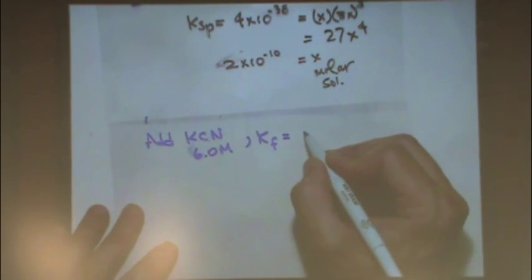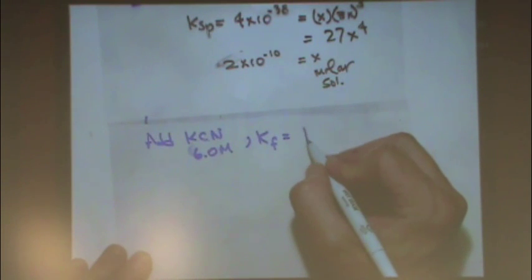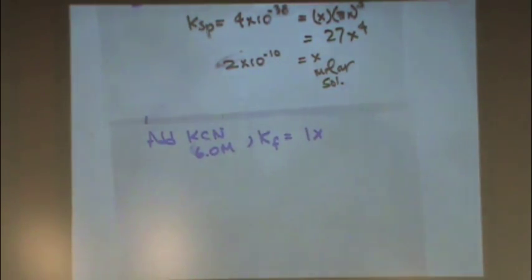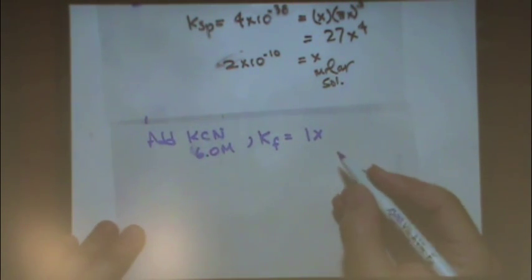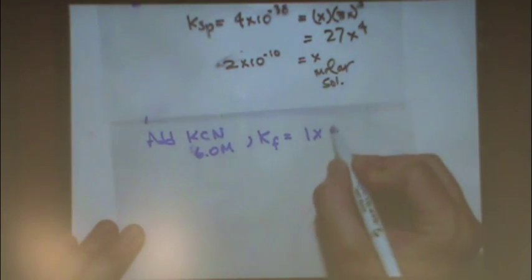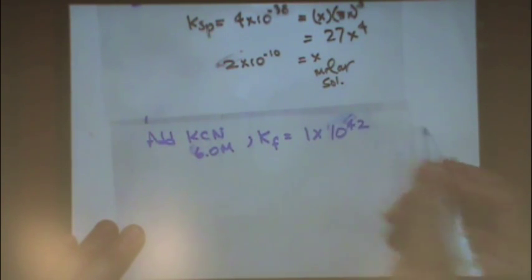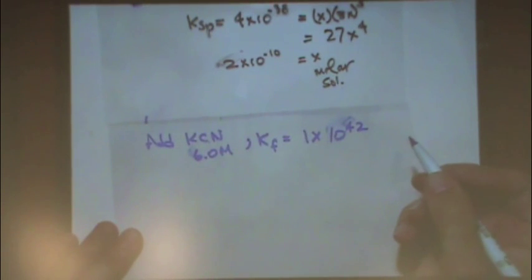Kf, large number, small number? So it's bigger than 1, a lot bigger than 1, or a little? A crazy lot, and this one is ridiculous. 1 times 10 to the 42.